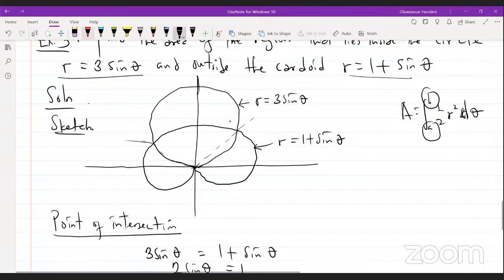Let me make this better. Over here, the first point is theta equals pi over 6, and in this quadrant, theta equals 5 pi over 6. Let me write this well.